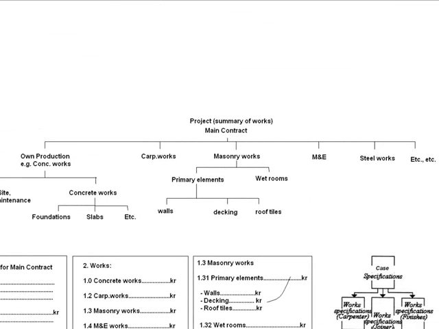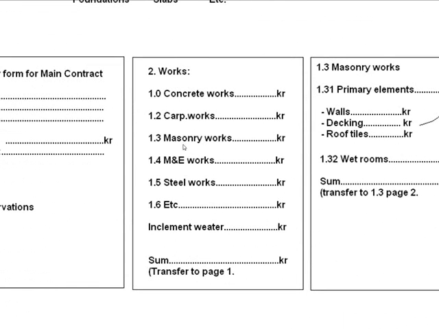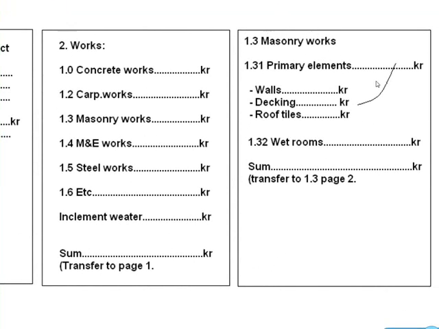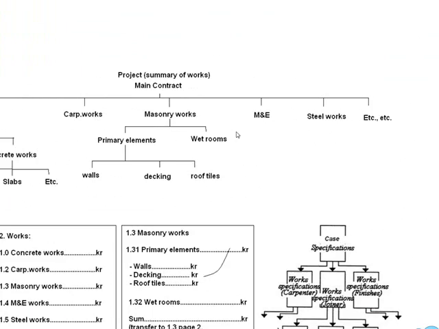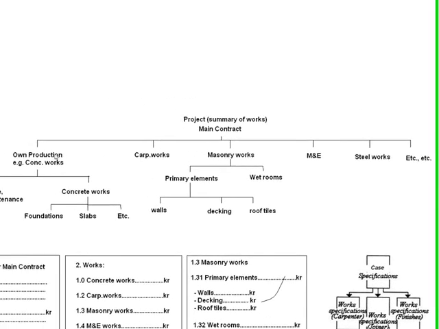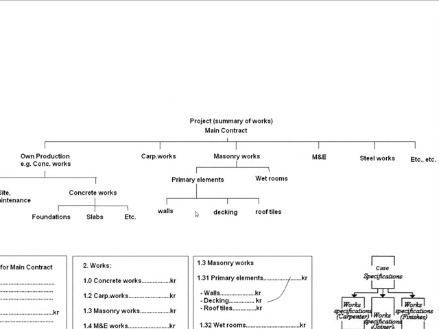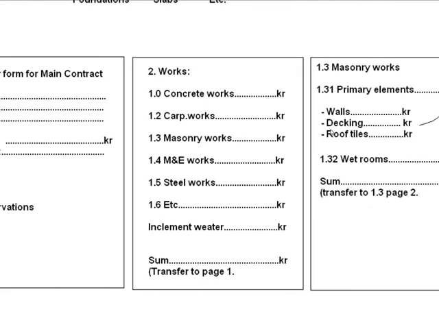And finally here, if we look at the masonry contract here, it's broken down according to its building components, and this is represented here. So you can see that in the scheme design, when the architect does the work breakdown structure, it relates to the tender forms as well.